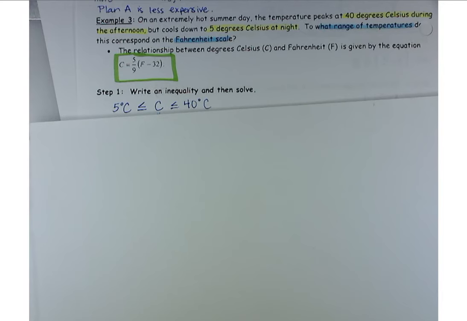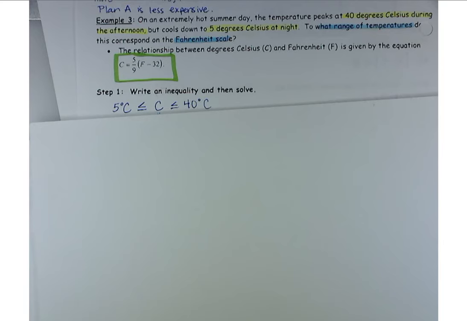Okay, but we want to figure out what they are on the Fahrenheit scale. How could I do that, setting it up with an equation? What do we know C equals? 5/9. Yeah, 5/9 F minus 32, right?